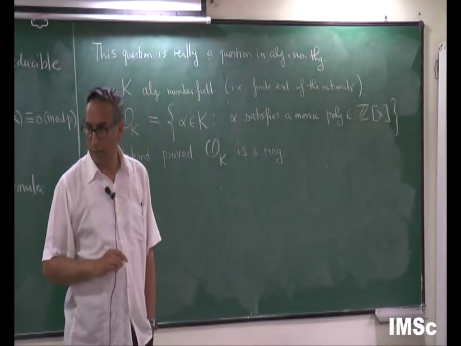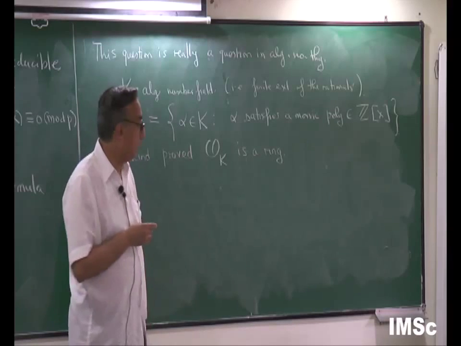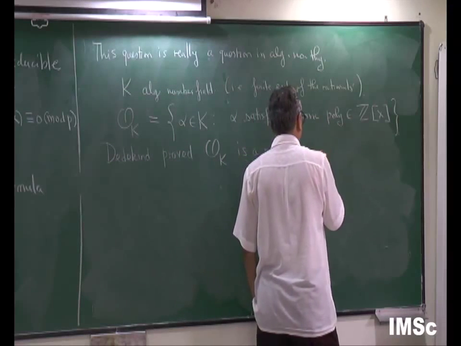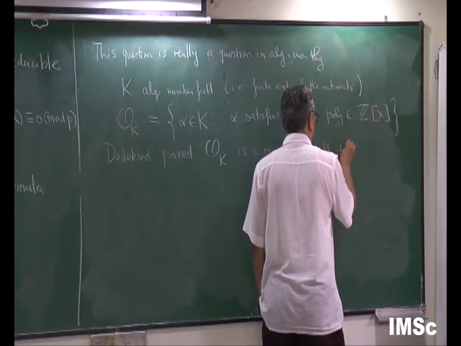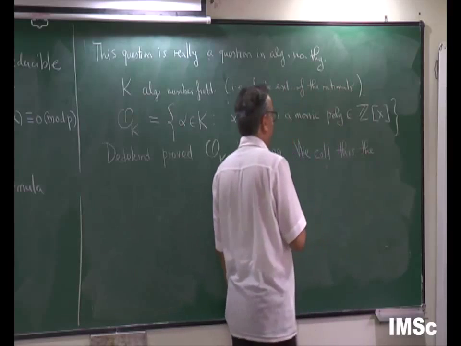That's a nice theorem. And this ring is called the ring of integers of K. We call this ring the ring of integers of K.